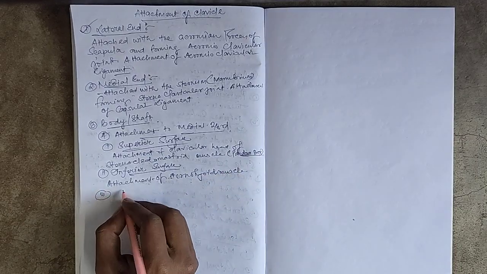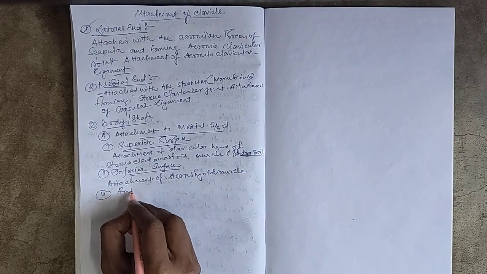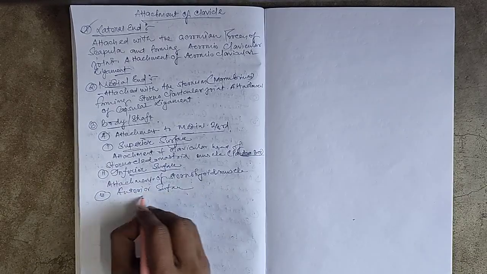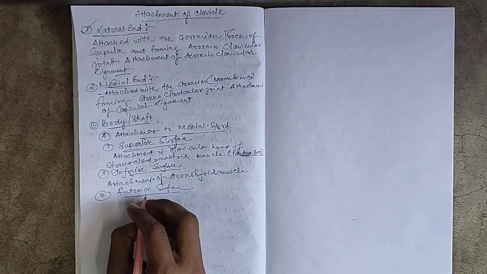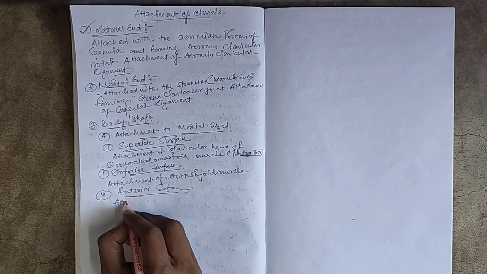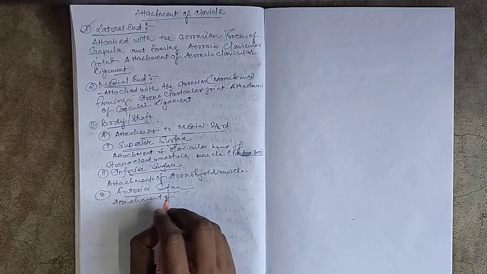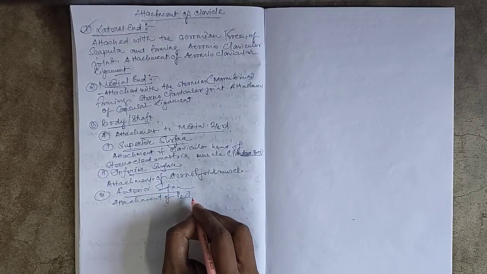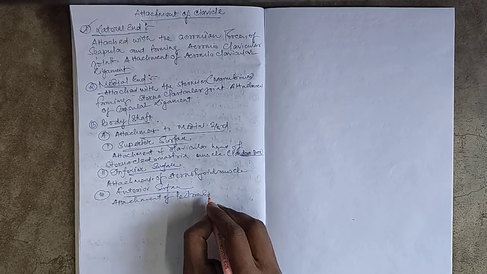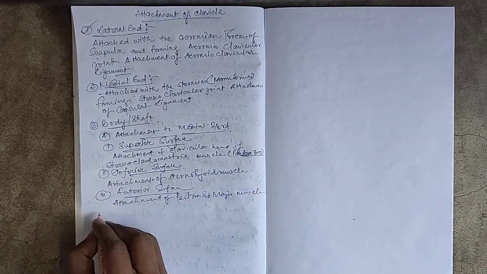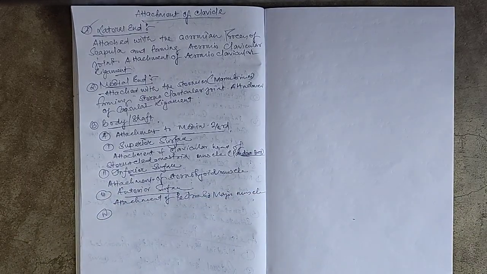Number 3, that is the anterior surface, in case of anterior surface, here is the attachment of pectoralis major muscle. Number 4, that is the posterior surface.